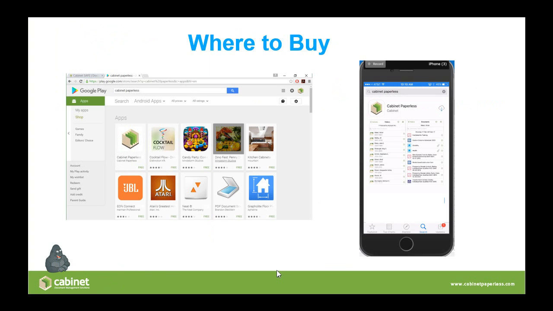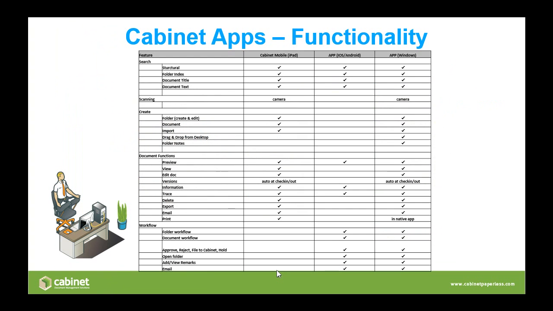Talk a bit about functionality. We prepared a matrix about the functions of the devices. First column over here, we talk about the features, and then on each of the devices, the iPad app, the app for iOS and Android. The comment there is that the functionality is the same in iOS and Android devices, and then the app for Windows 10.